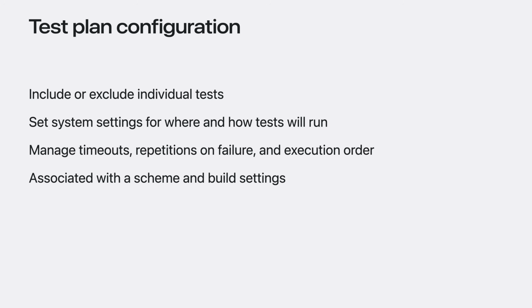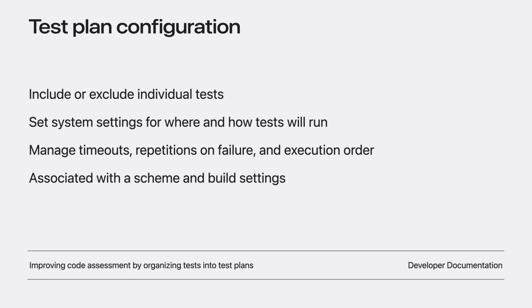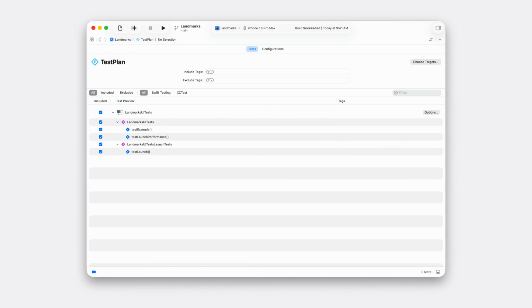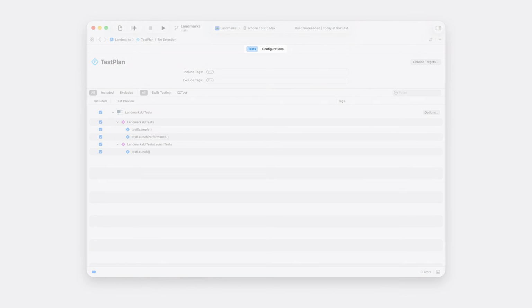Test plans are also associated with a scheme, which lets you pair a test plan with specific build settings. You can learn a lot more about this with the article Improving Code Assessment by Organizing Tests into Test Plans in our developer documentation.